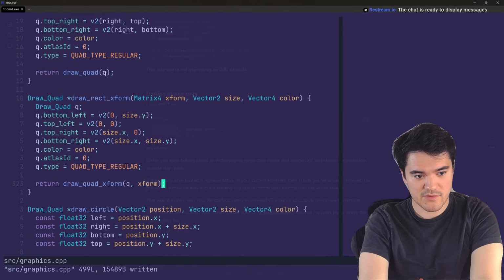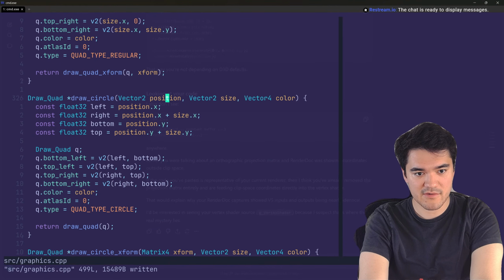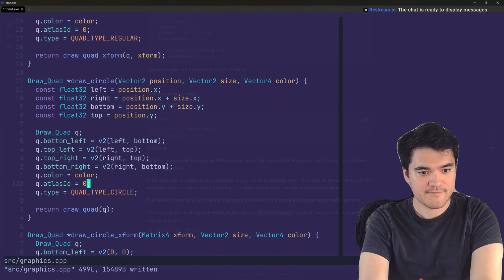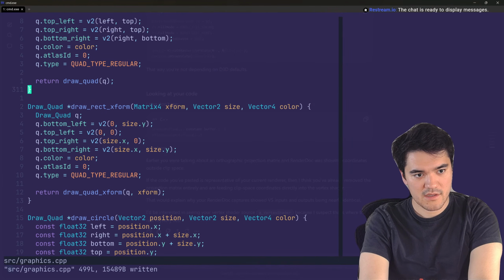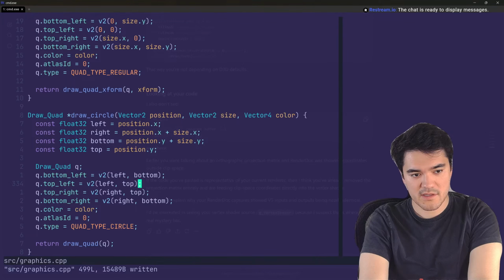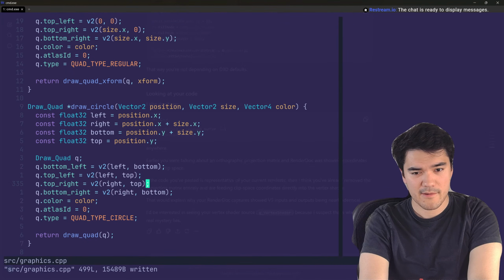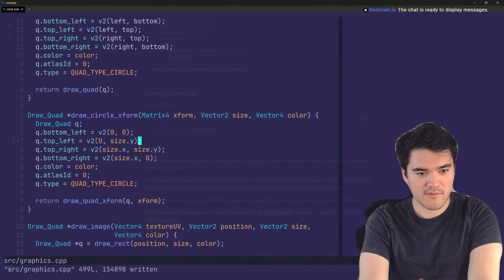Who knows how I've encoded this? See, it's all different everywhere. Left, bottom, top. So we will flip those. This is a lot of duplicate logic here. It doesn't really matter right now, but good to remember that we should probably change some of this.